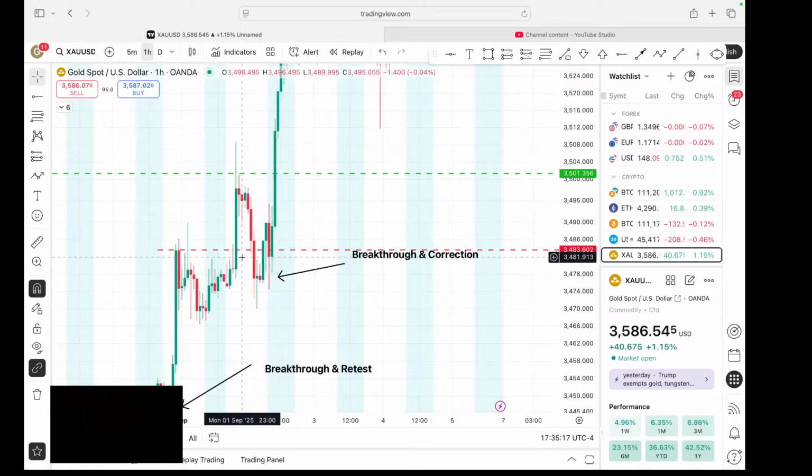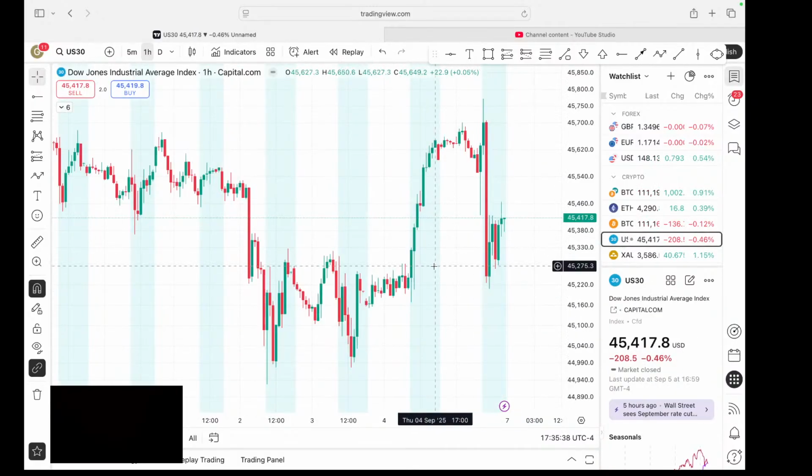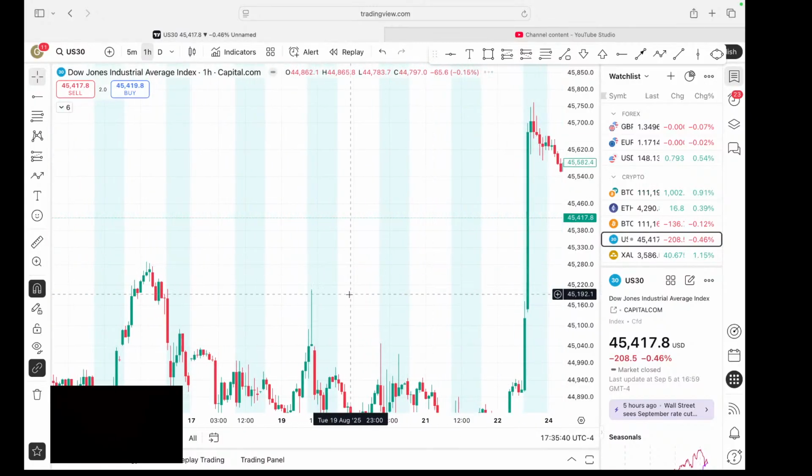That would have been a breakthrough and retest, but it decided to do what's called a breakthrough and correction. So with the breakthrough and correction, it came back to the lowest bearish point right here before taking off. So this is what's called a breakthrough and correction. Now we're going to hop back to US 30 and show you what a false breakout looks like.